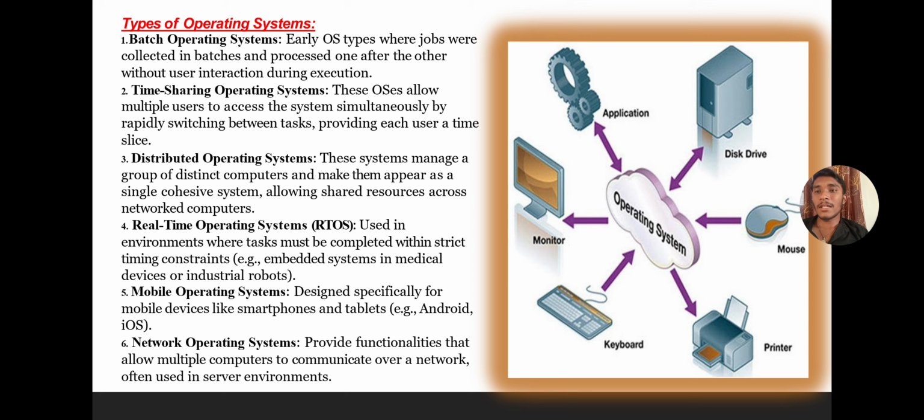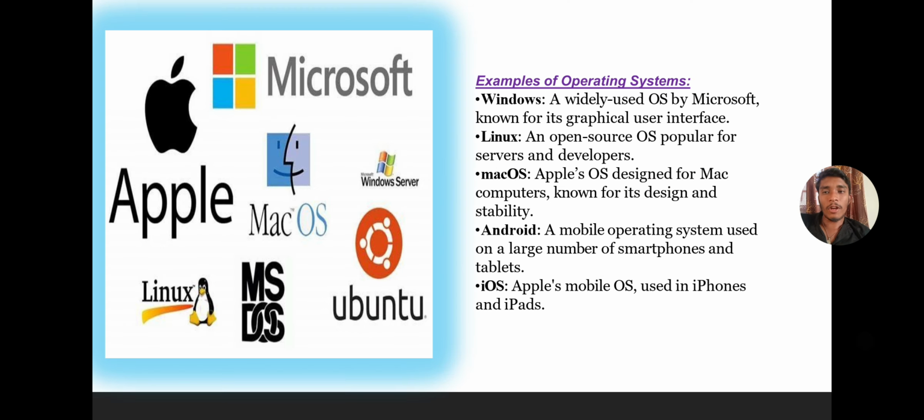Then mobile operating system, designed specifically for mobile devices such as smartphones and tablets, like Android and iOS. Then network operating system, which allows multiple computers to communicate over a network and is often used in server environments.